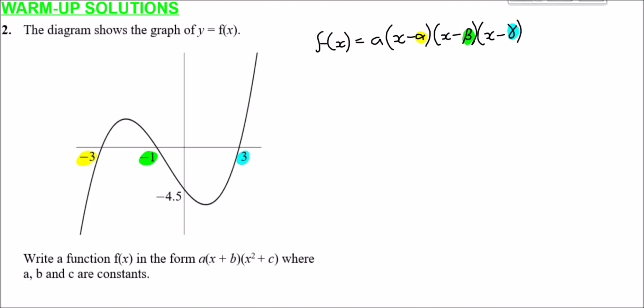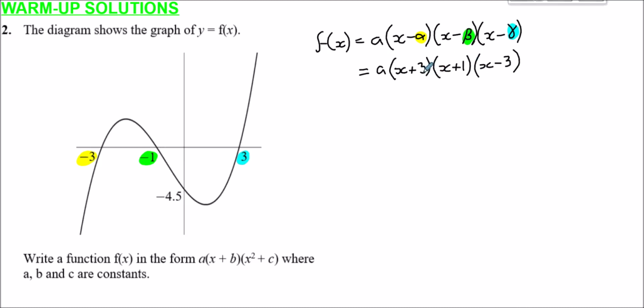And so if we substitute in these numbers, we get a, x minus -3 becomes x plus 3, x minus beta becomes x minus -1, which is x plus 1, and x minus gamma becomes x minus 3.